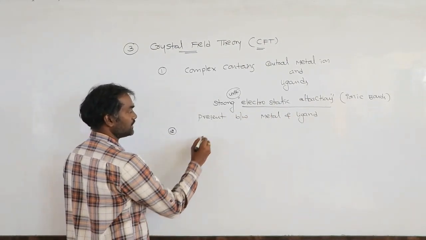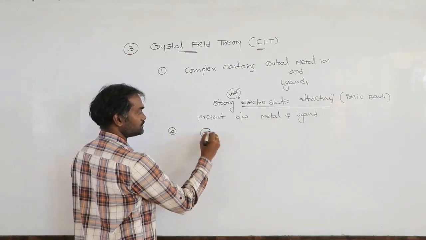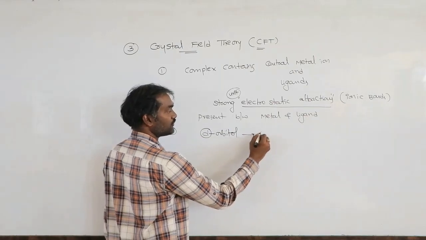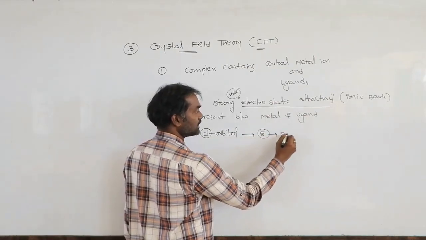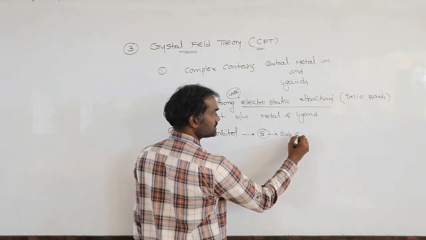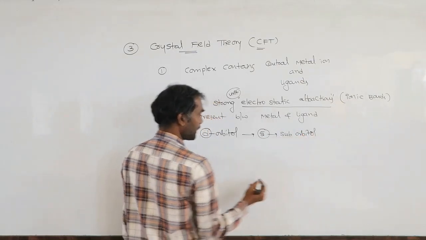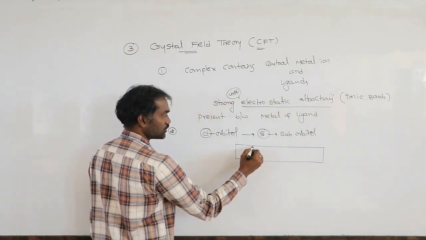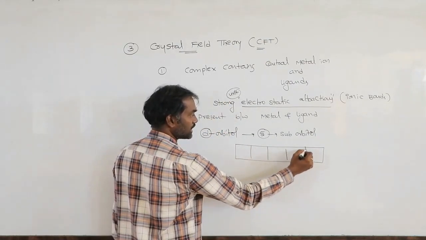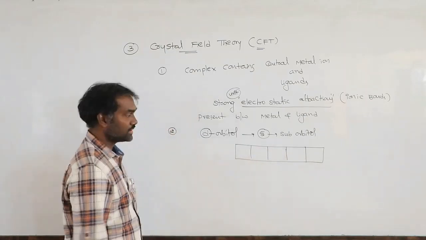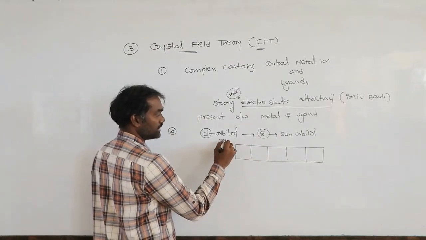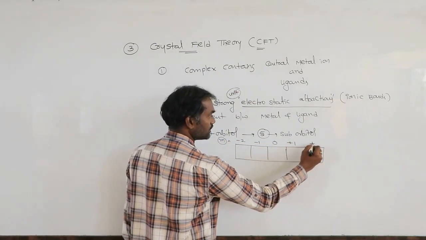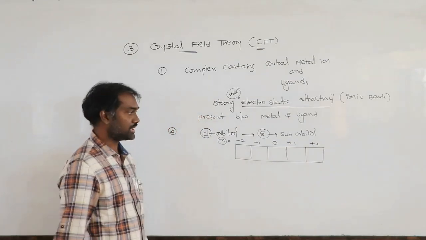Next, second: d orbital. The d orbital has 5 suborbitals. Based on their orientation they are classified into 2 types. If you see the m values: minus 2, minus 1, 0, plus 1, plus 2, a total of 5 suborbitals are there.